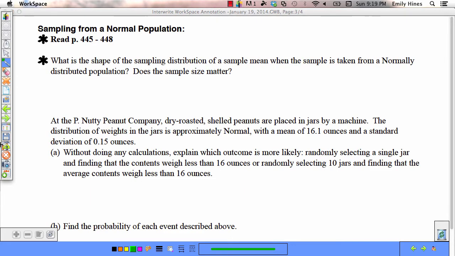Okay, so once you know how to calculate the mean and the standard deviation of the sampling distribution, then you're really ready for the most important part, which is being able to work from a normal population. Okay, that's the part that helps us out the most. And so let's say, what is the shape of the sampling distribution of a sample mean when the sample is taken from a normally distributed population? Your sampling distribution, if your population is normal, is always normal. Okay? Always normal.